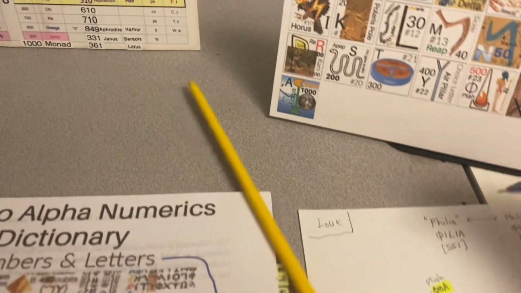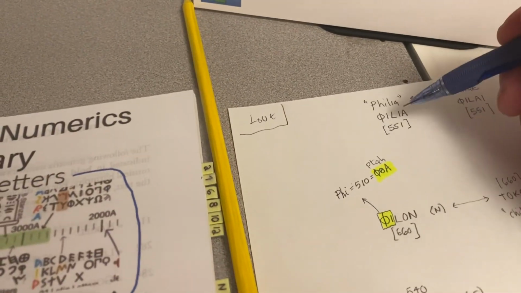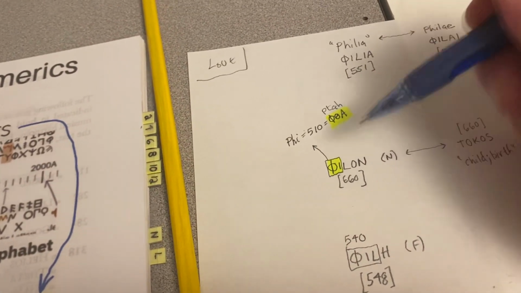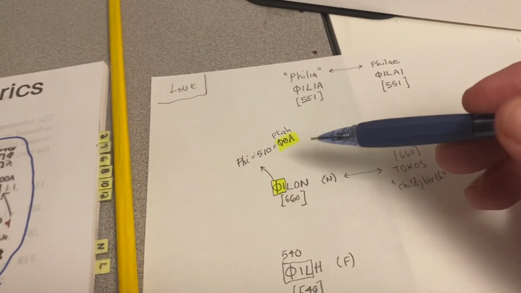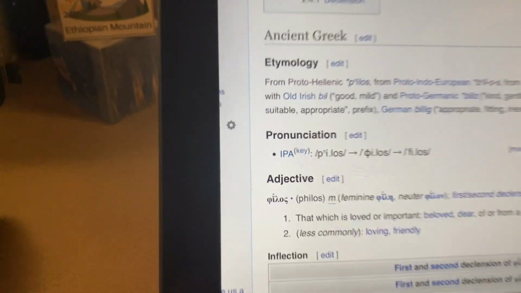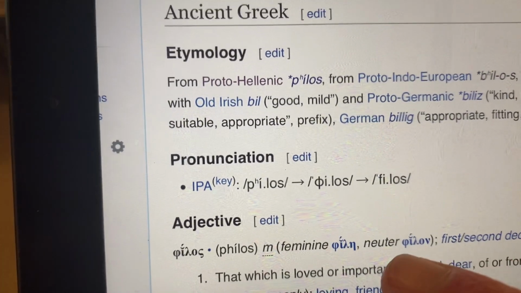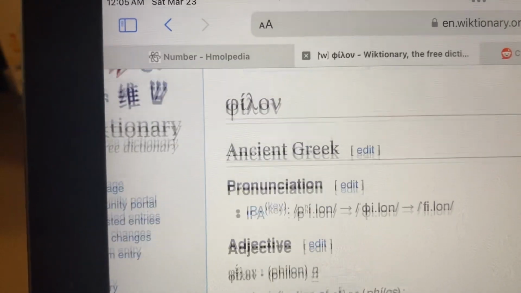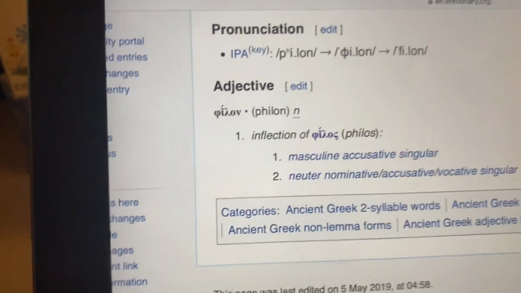So if we go to the first 2 letters, Fi, this is the neuter form of Philia. Filon is the neuter form.